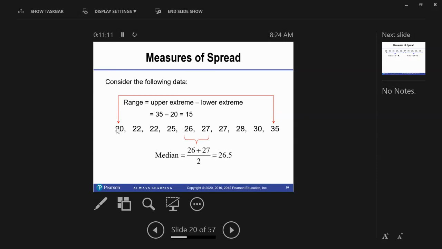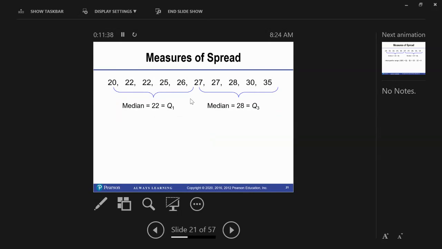We have an even number of data points here. So if we wanted to find the median, it would be 26.5. I would take those two middle numbers and average those. We can also split the data in half and find the median of the lower half and the median of the upper half.